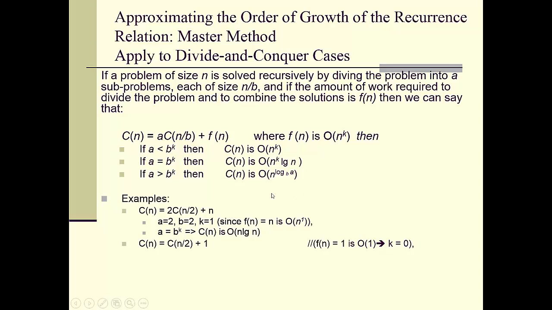Let's look at another example. C of n is equal to C of n over 2 plus 1. In this case, a is equal to 1 and b is equal to 2. However, f of n is equal to 1, which is basically O of 1. So k will be 0 in this case.